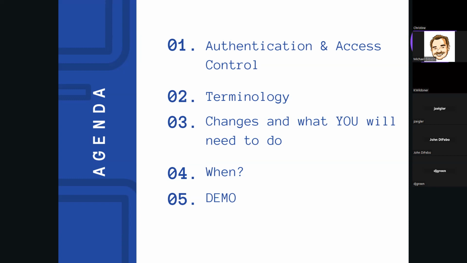If, say, the state doesn't decide to stay with Google and uses some other authentication method, then we'll be able to do that. So again, we're splitting the authentication part away from the access control part.